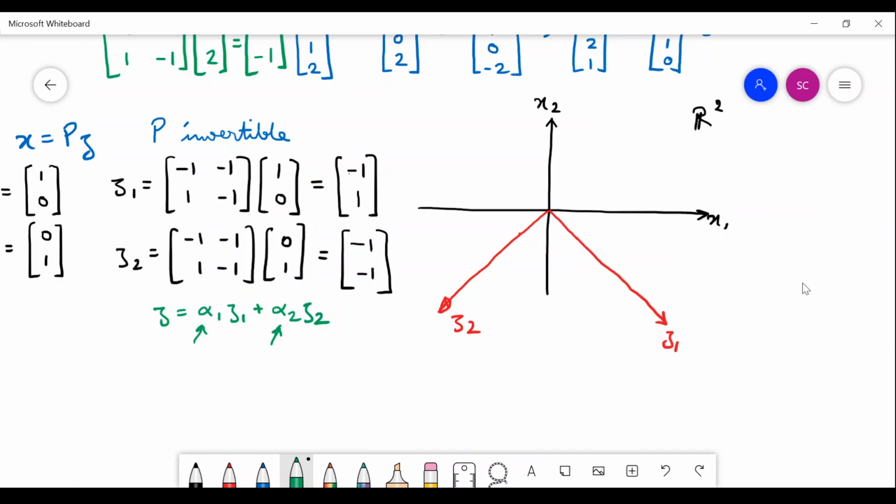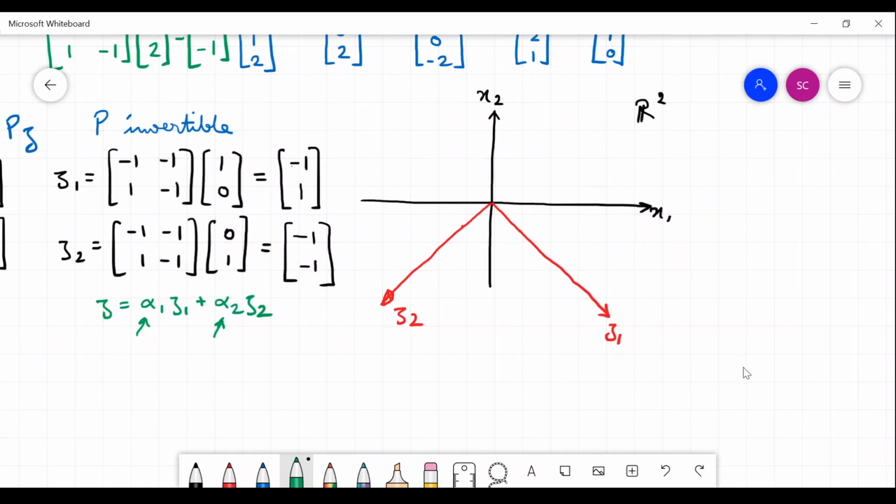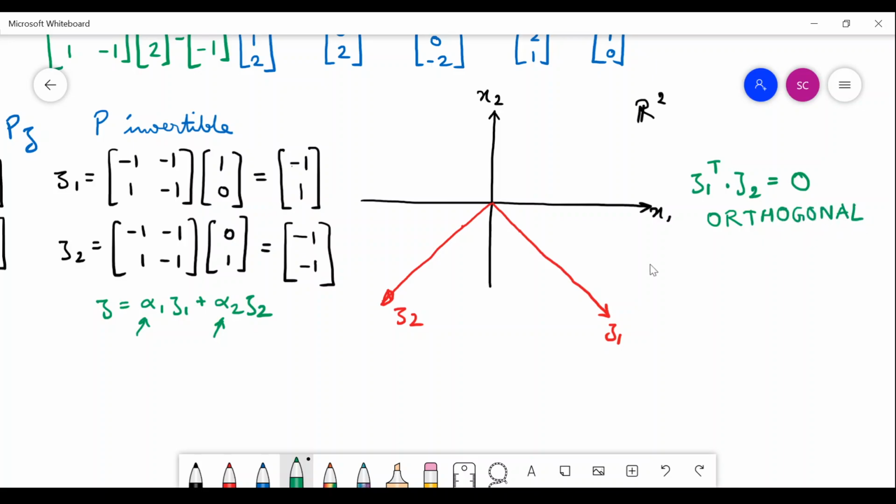So what is the way of understanding whether two vectors are orthogonal or not? We simply take the transpose of one vector and do a dot product with the other vector. If this result is 0, then they are orthogonal. This is an if and only if check.